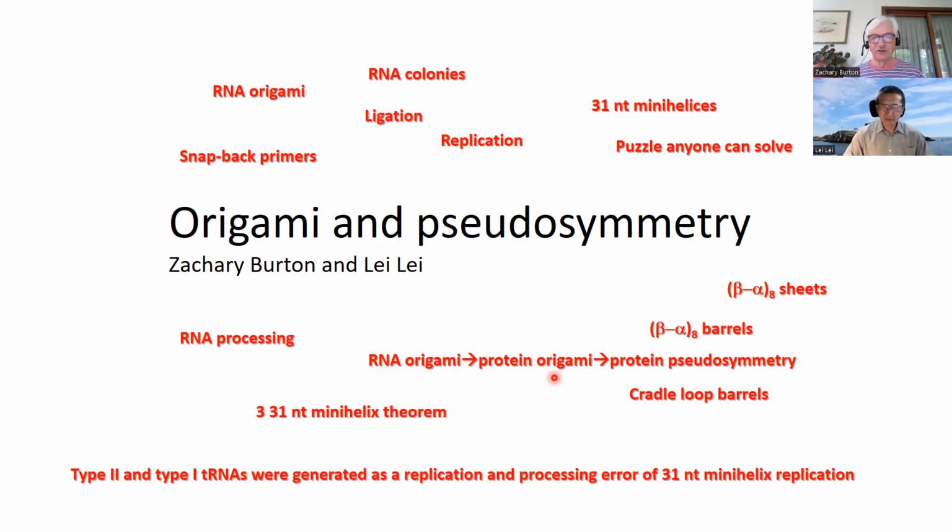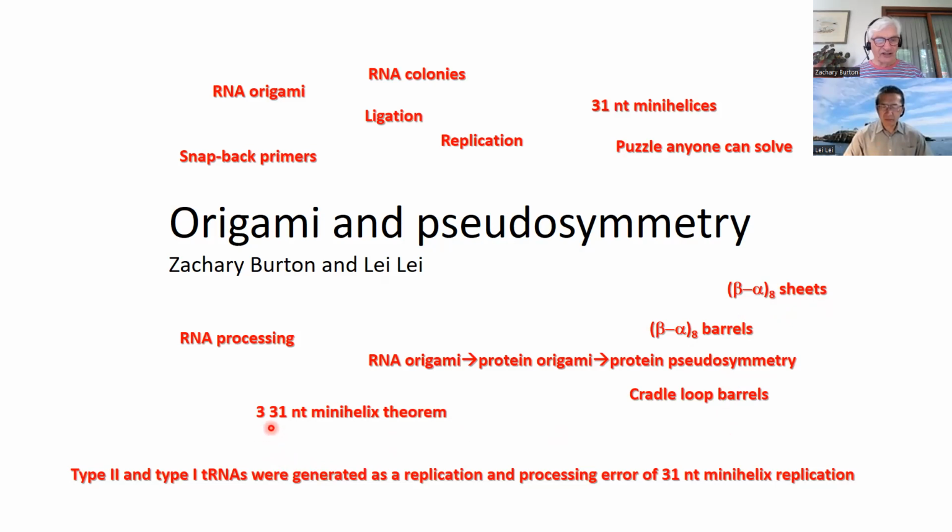If you fold protein repeats, you get protein pseudosymmetry. And that's some of the most important features of ancient life. And you can then break the pseudosymmetry into beta alpha 8 sheets and get new products that are also of high value in evolution.